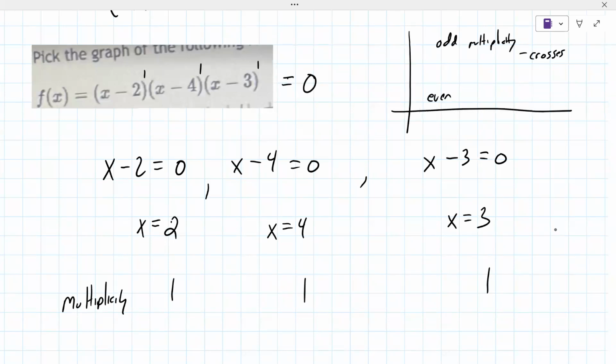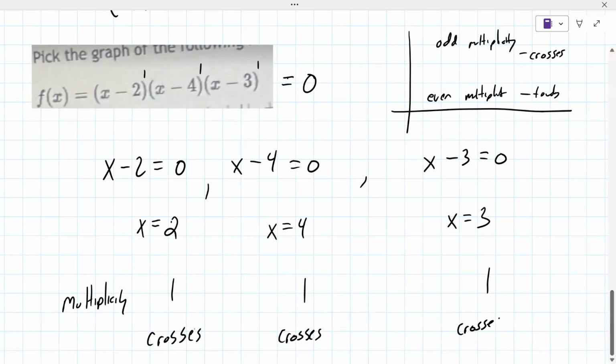And if it's an even multiplicity, it touches. So graphically, we know that this crosses, crosses, and crosses.